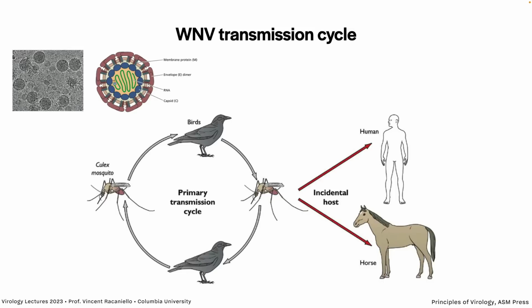Occasionally, the mosquitoes, of course, will bite other hosts, humans or horses, deliver the virus to them, and then the humans or the horses can get sick. But as I said, the humans and horses cannot transmit infection via mosquito to someone else because they don't have enough virus in them. And so in the U.S. outbreak, what happened was the mosquitoes started biting birds that never saw the virus before.